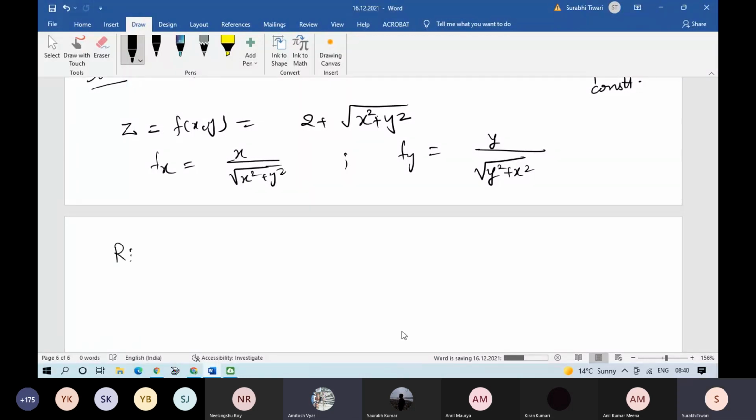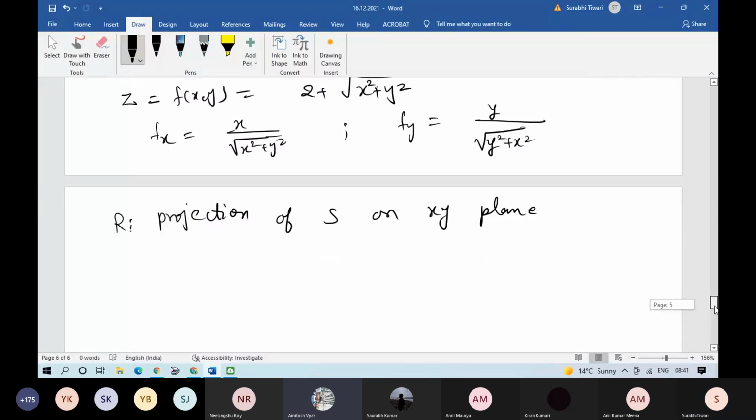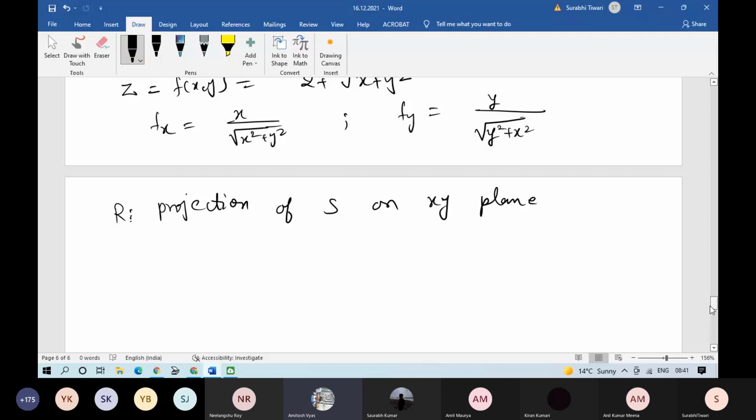So now what is R? R क्या होगा इसमें? Projection of S in the XY plane, because z is a function of f(x,y) here. तो ये क्या हो जाएगा? We have this equation x square plus y square is z minus 2 whole square.